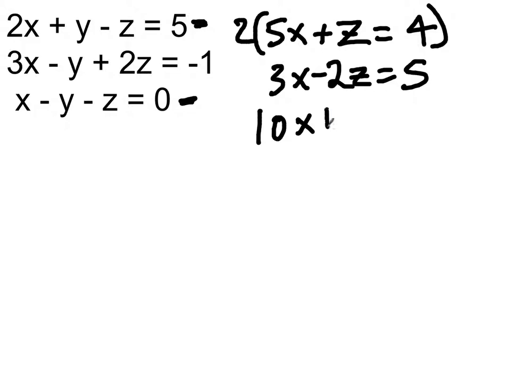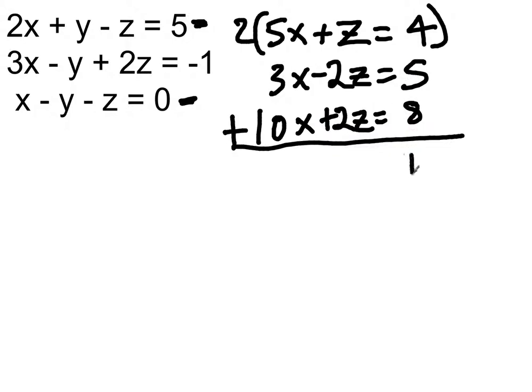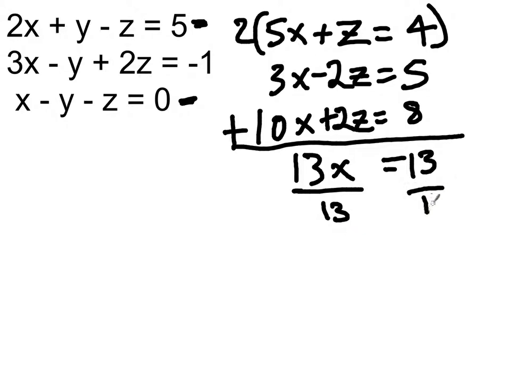That gives me 10x plus 2z equals 8. Now the nice thing about this is when I add these 2 together, the z's are eliminated because 2 plus negative 2 is 0. And then I get 13x equals 13, which leaves me with x equals 1.